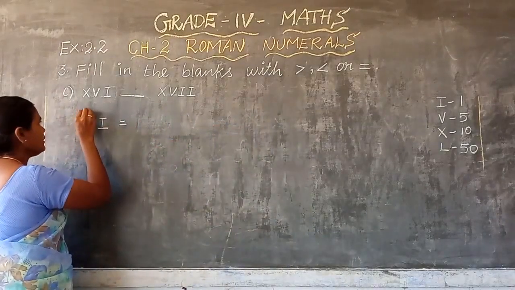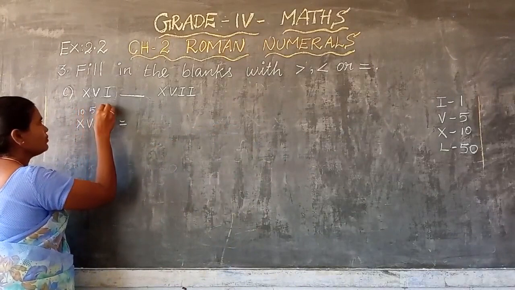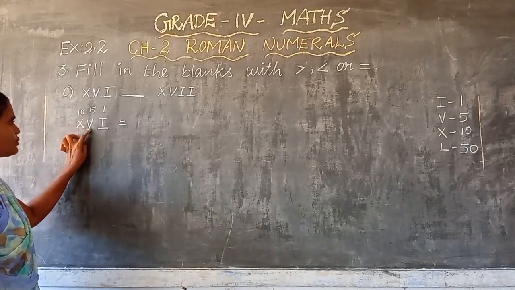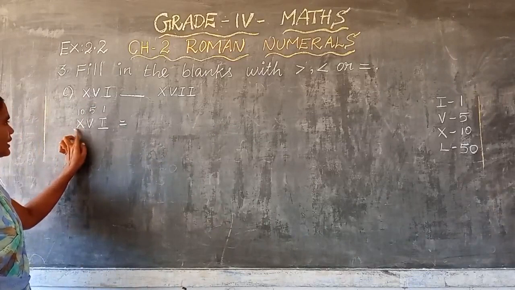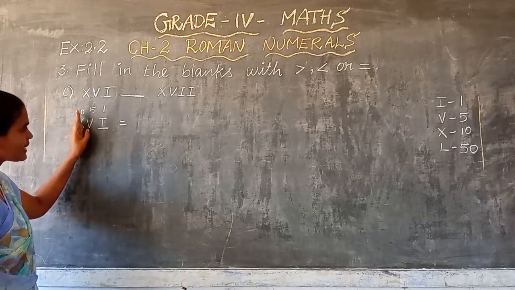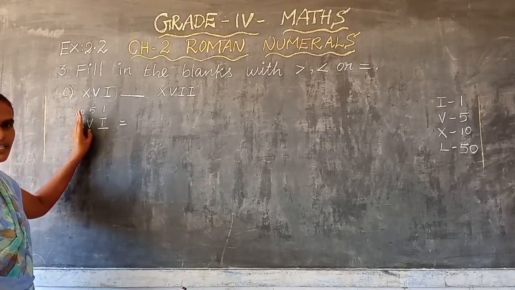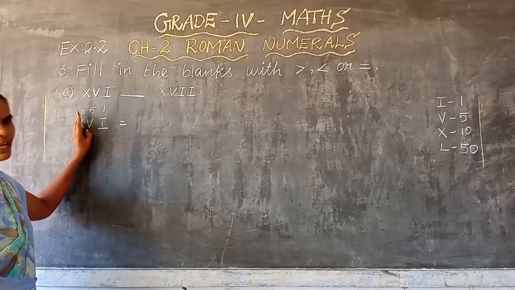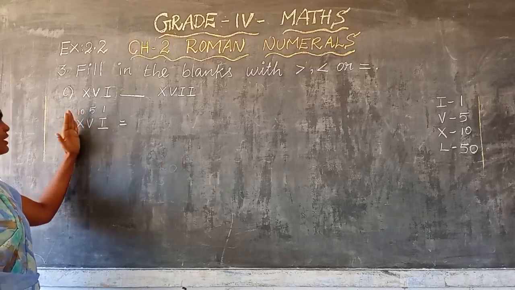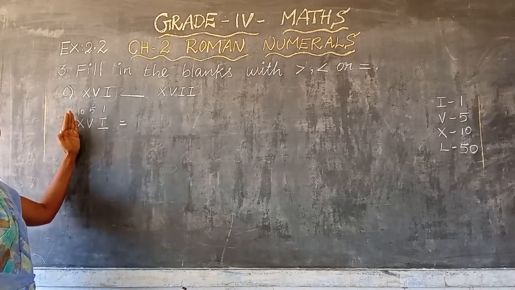So 10, 5, 1. See here, first you take the first two numbers. Which one is the greater number here? Yes. So right side we have the small number. Right side small number means addition. Suppose left side small number means subtraction.